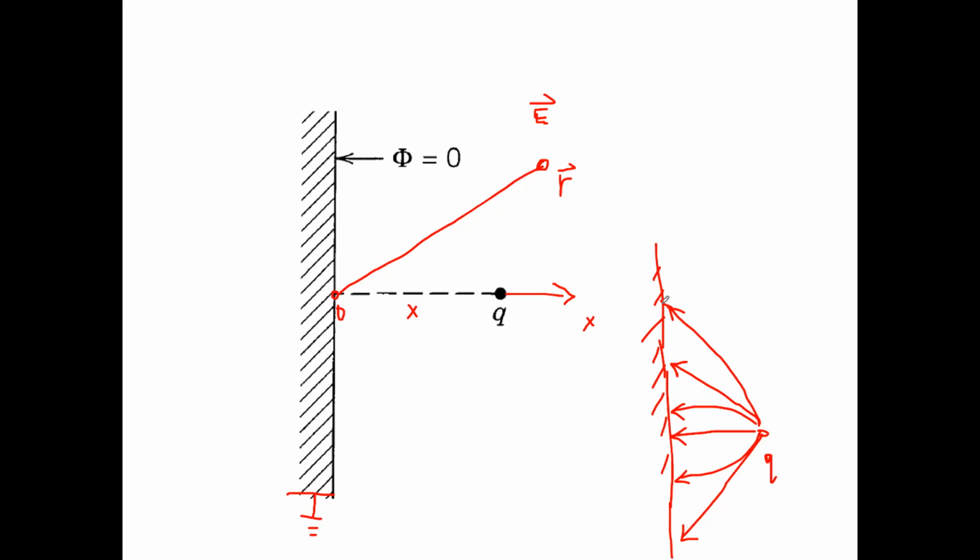So first of all, in a conductor, what's the direction of the field lines? Let me remind you a little bit. Now, if you have a spherical conductor, and then you have a charge Q outside, what's the field line inside the conductor?